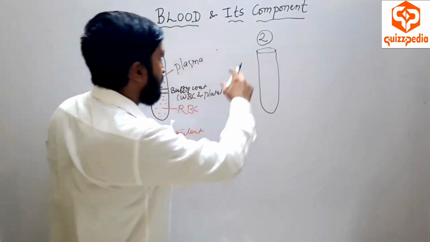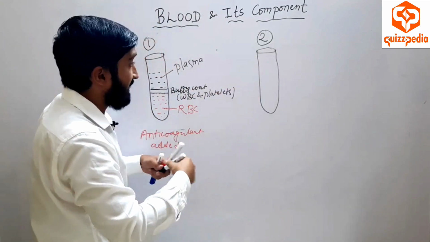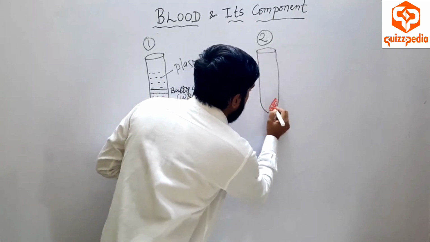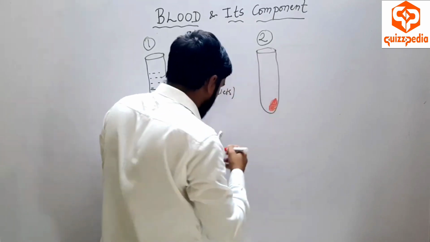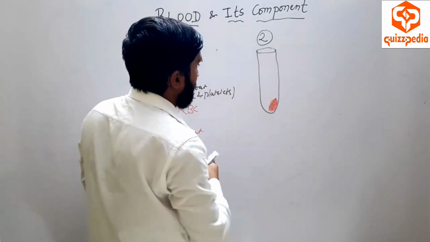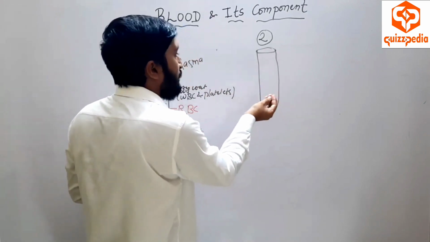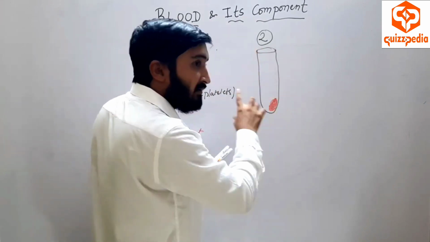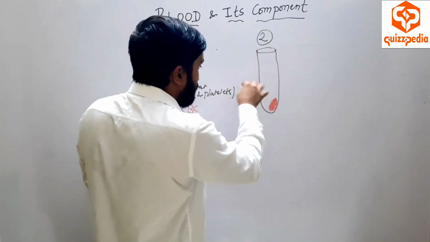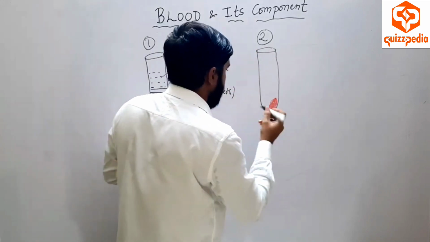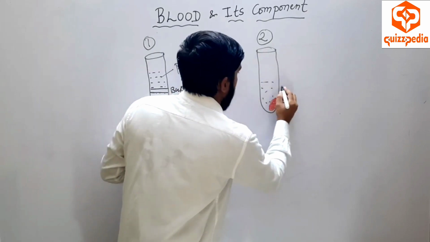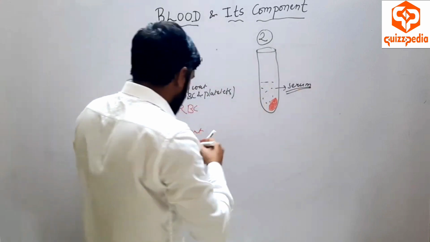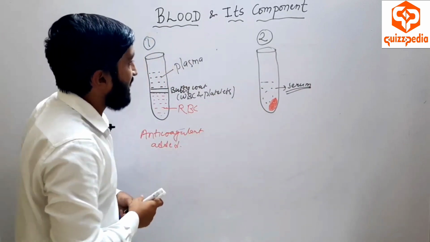Now in the second test tube, the whole blood gets coagulated, because we have not added any anticoagulant, and when it is compressed, some fluid is excluded out from this coagulated blood. That yellowish fluid is serum. So what is the difference between plasma and serum?